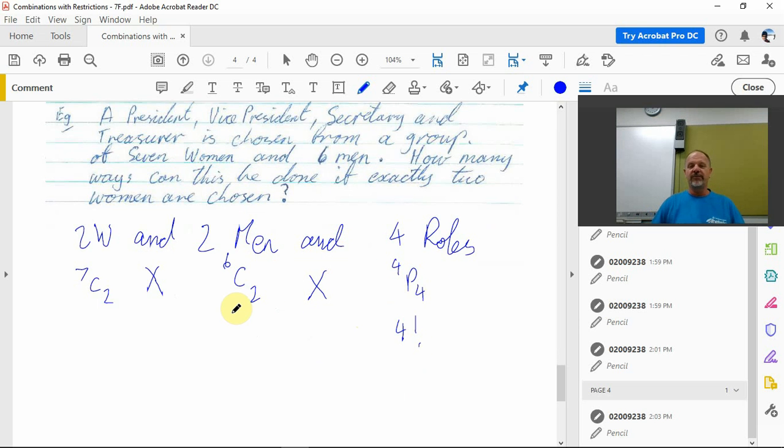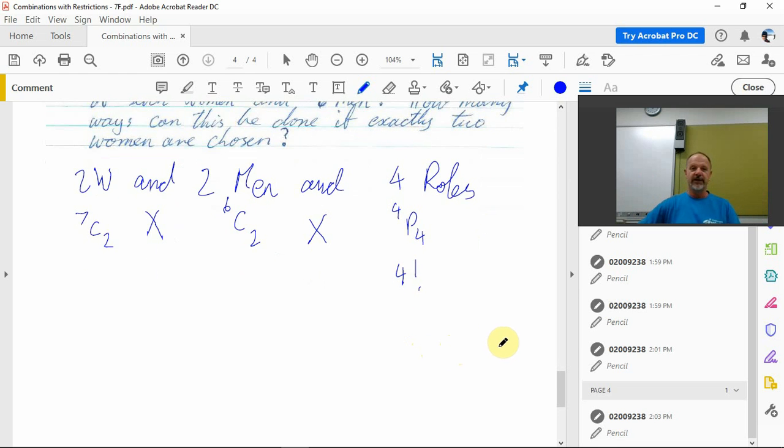The way we've approached it is we've said it's not important what roles they have at the start: we want 2 women, we want 2 men. Then we go, hang on a second, we've got 4 different roles, so if John's the president or John's the treasurer, that's 2 different committees, depending on what they actually do on the committee. That's where this last bit comes into it.